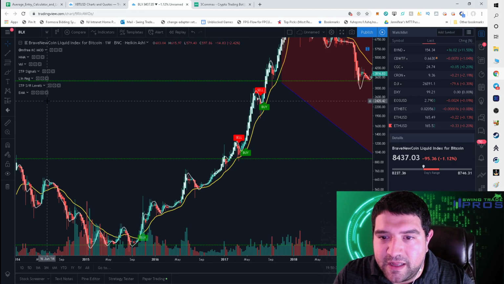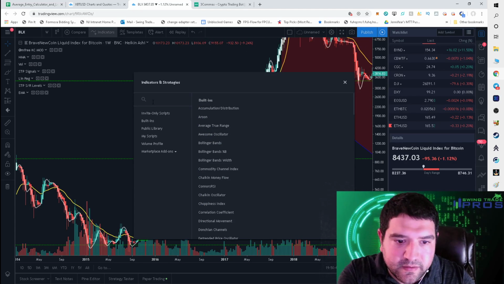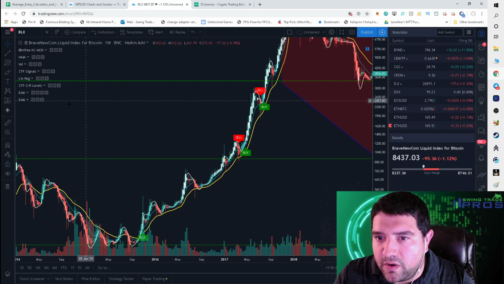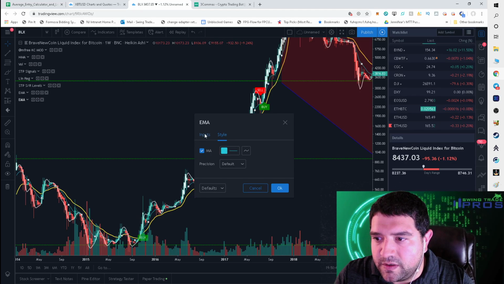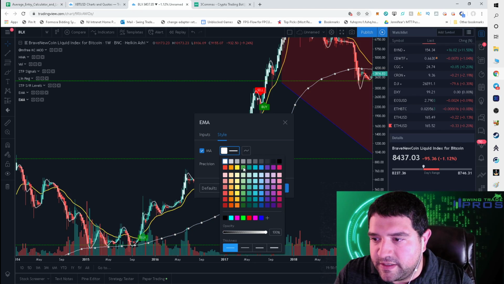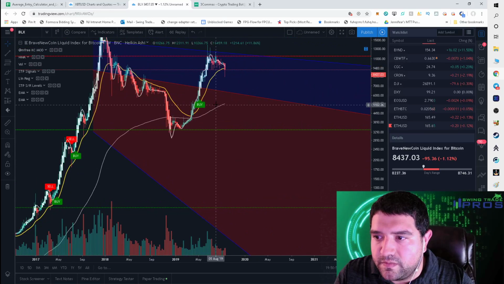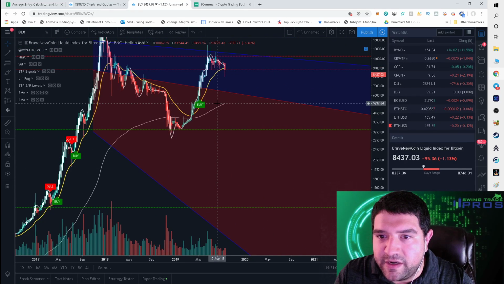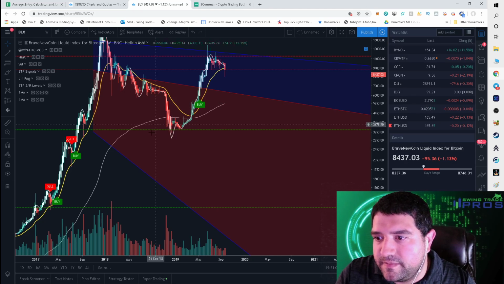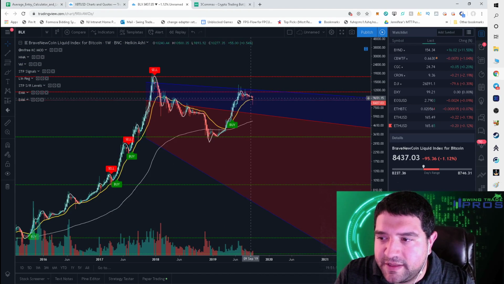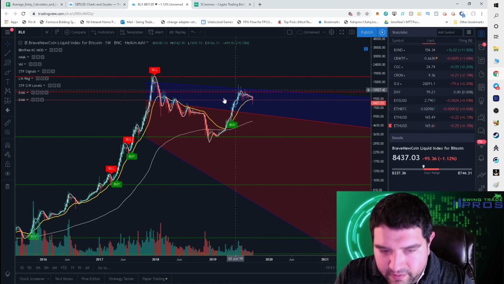So maybe I'll change the MA, the moving average, to EMA. So I'm going to change this to 200, because Bitcoin usually makes exponential moves. Yeah, so actually the 200 EMA exponential is a lot lower, right? It's right around that 5,200 area on the weekly. So I'm really concerned about the 20 weekly here.